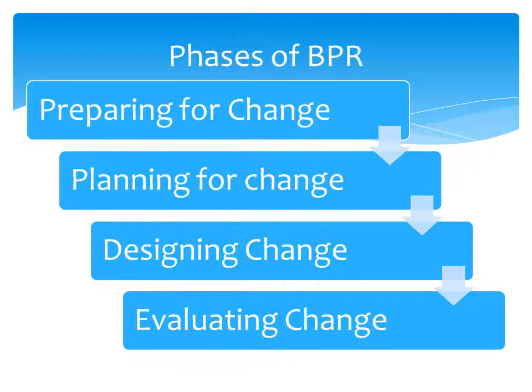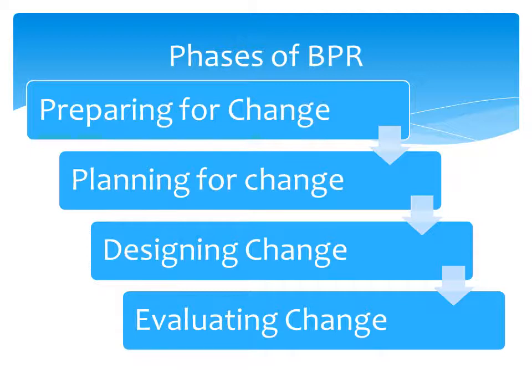It involves identifying the current business process, assessing the process, creating the ideal process, testing the new process, and implementing it. So I told you, when you plan, you have n number of alternatives. So in the designing stage, you assess the process.